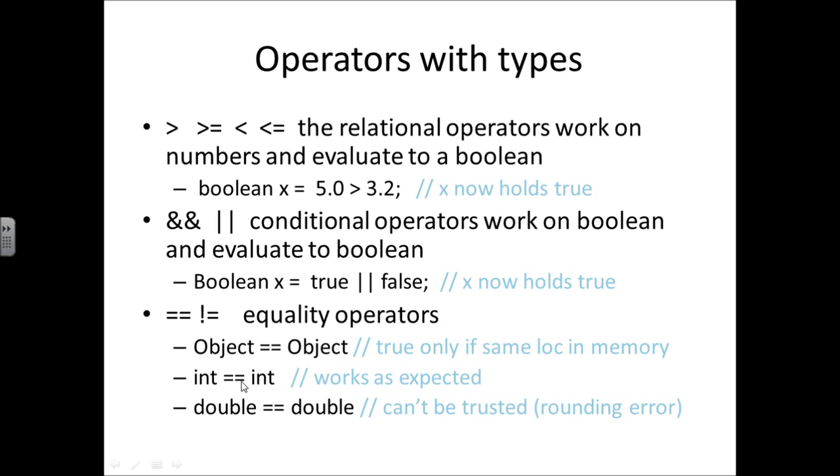On integers, it would work as expected. So it's pretty safe, and it does pretty much what you would expect if both values are integers. However, if you're testing for equality on doubles, okay, some variable of type double or a literal double, the double equals can't be trusted.